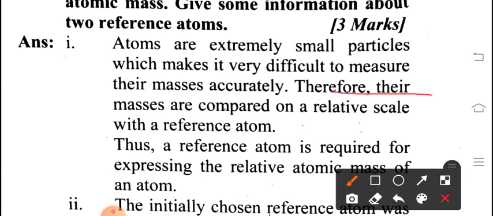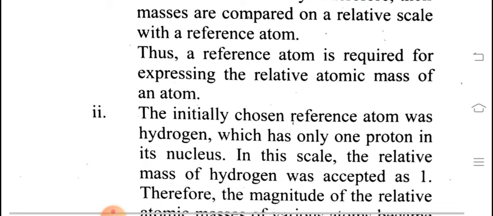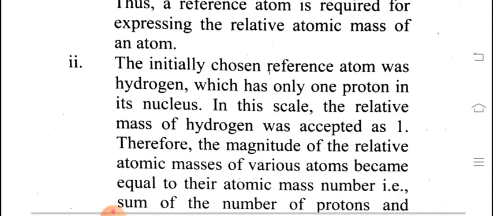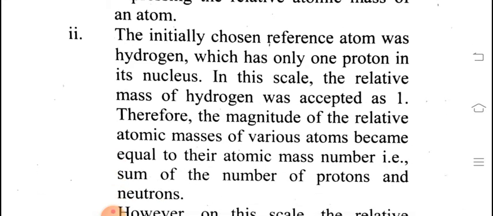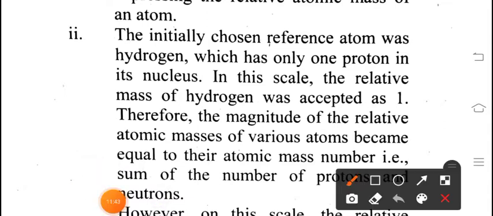Therefore their masses are compared on a relative scale with a reference atom. Thus a reference atom is required for expressing the relative atomic mass of an atom. The initially chosen reference atom was hydrogen, which has only one proton in its nucleus.